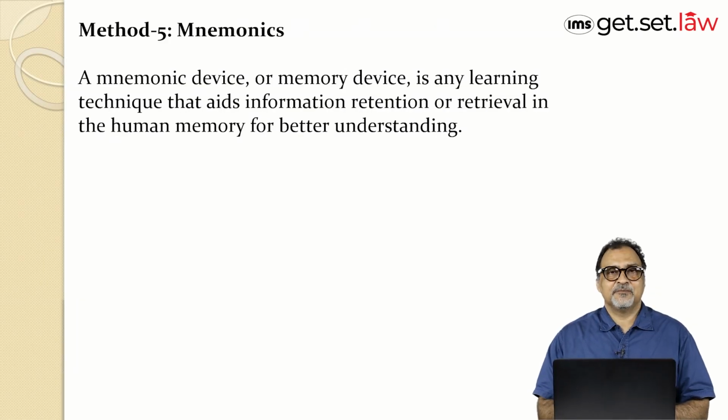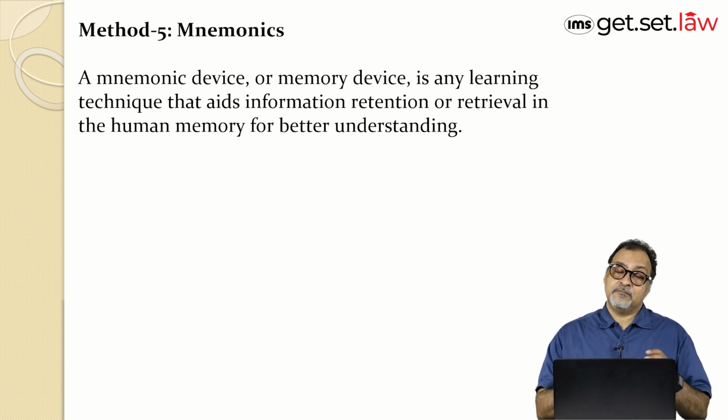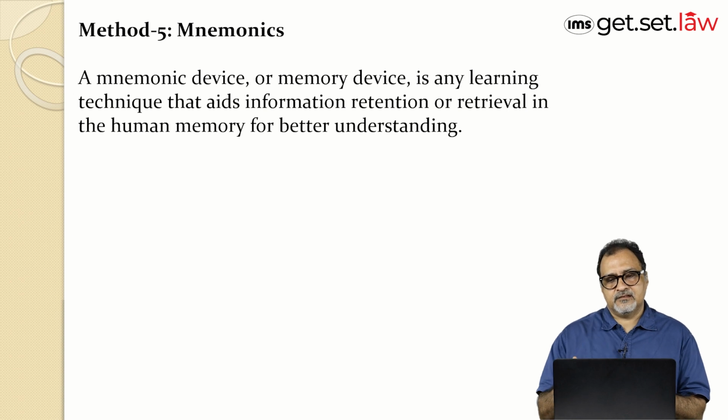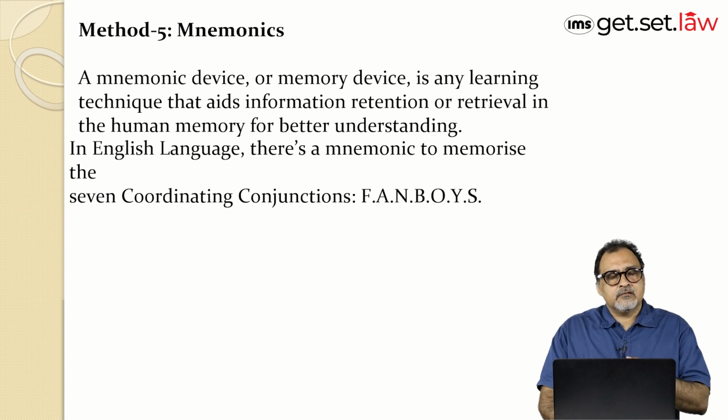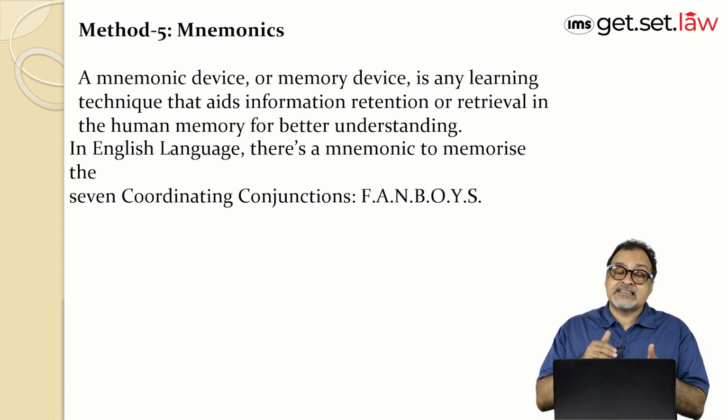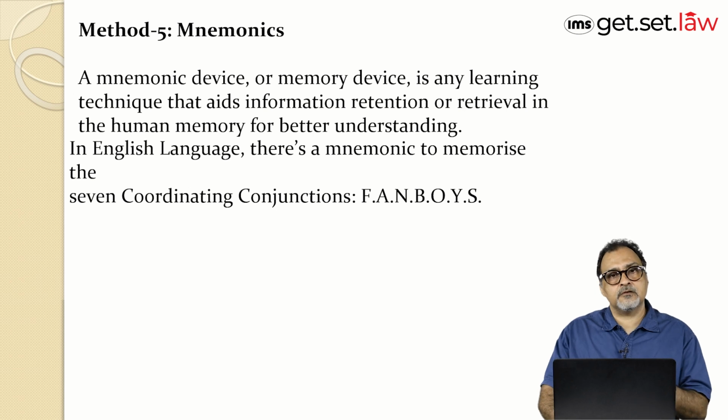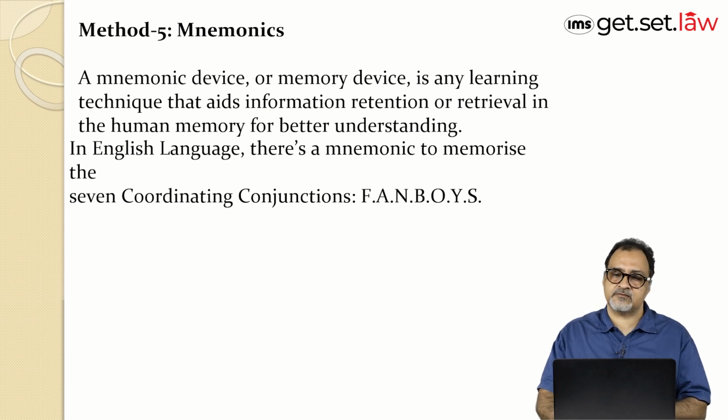Method 5, mnemonics. A mnemonic device is any learning technique that aids information retention or retrieval for better understanding. Now, in science, I have seen there are a lot of mnemonics. In physics and chemistry in particular, I've seen that there are a lot of mnemonics.